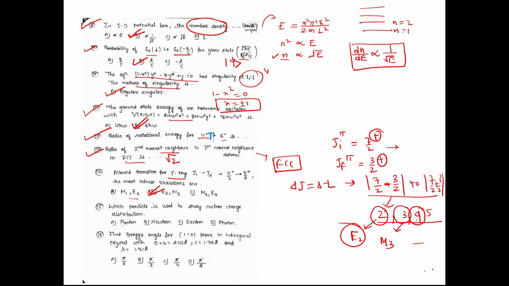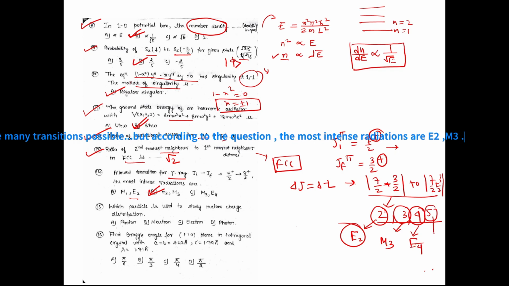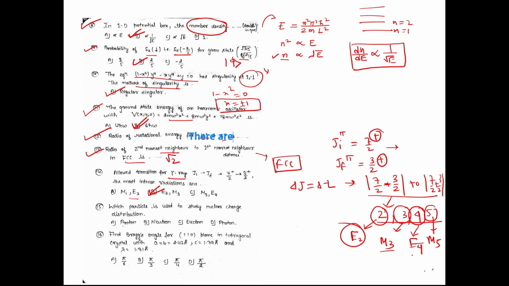For 4, again an even number, no change in parity, it gives electric pole E4. And for 5, no change in parity, it gives M5. So the answer will be option B, E2 and M3. E2 and M3, M3 and E4. Okay, option C is also correct, M3 and E4.